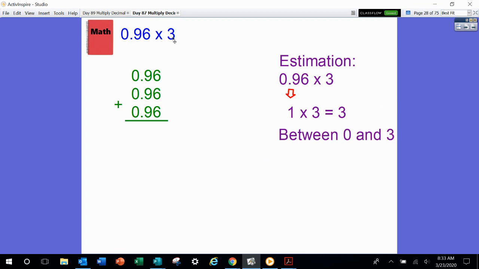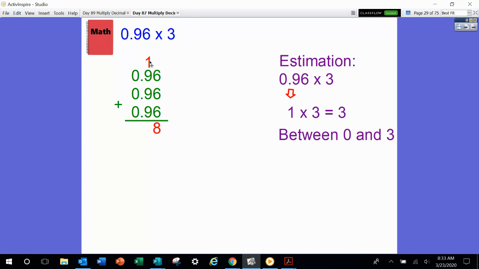Let's go ahead and do our 3 groups of 96/100. 1, 2, 3, and let's line up those decimal places, and each digit has a number above it. Perfect, so let's go ahead and add. 6 plus 6 plus 6 gives me 18, or 18/100: 1/10 and 8/100.